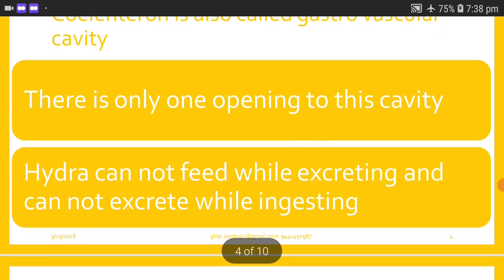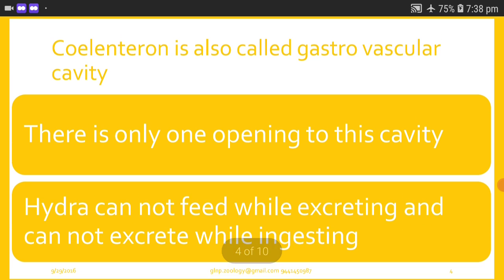So we can say that coelenterates exhibit both extracellular digestion and intracellular digestion. In any coelenterate, first extracellular digestion takes place and it's partially completed. Now this partially digested food will be absorbed by the nutritive cells lining the gastrodermis, and the remaining part of the digestion is completed within the cell.